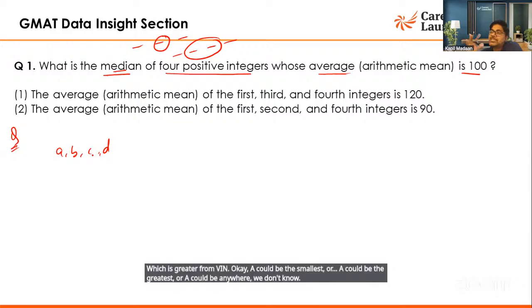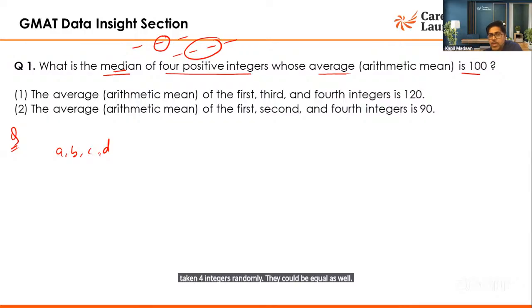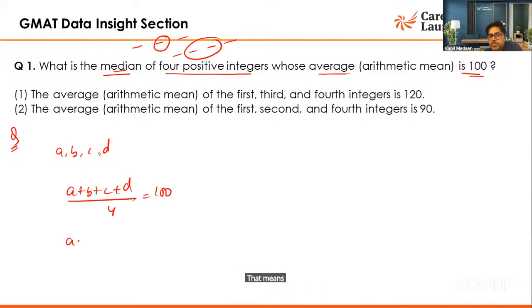Taken four integers randomly, they could be equal as well. Their average is 100, so A plus B plus C plus D divided by 4 is equal to 100.